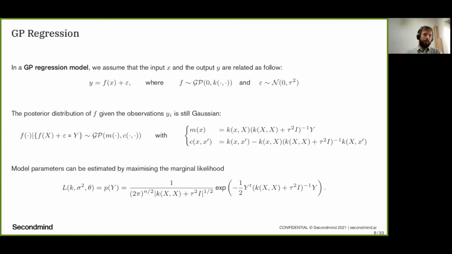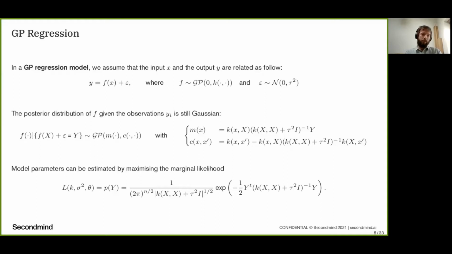So I assume most people are very familiar with GP regression. This slide is more for introducing the notation that I will use down the line. For a GP regression model, we assume that the input X and the output are related, such that the observation is the GP evaluated at X plus some observation noise that is Gaussian. We have an analytical expression for the posterior.